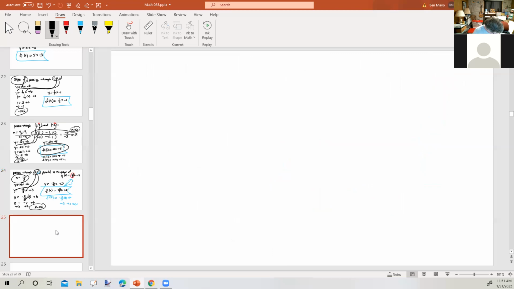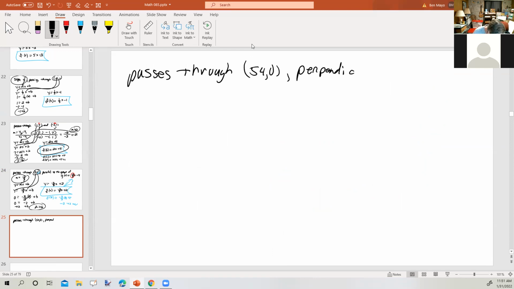Here we have a line that passes through (54, 0), and it's perpendicular to the graph of g(x) equals 9x plus 5.